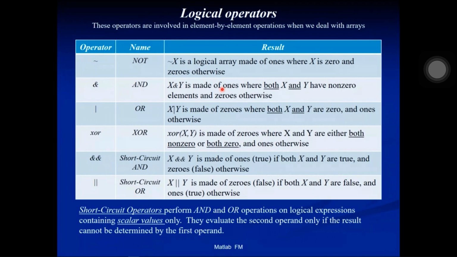The X value is non-zero and the Y value is non-zero. Otherwise, it's going to be 0. That's the AND operation. The OR operation, either one. It doesn't matter which one. Either one that has a 1 and the result is 1. The exclusive OR, the others I will discuss later, the short circuit AND and the short circuit OR.